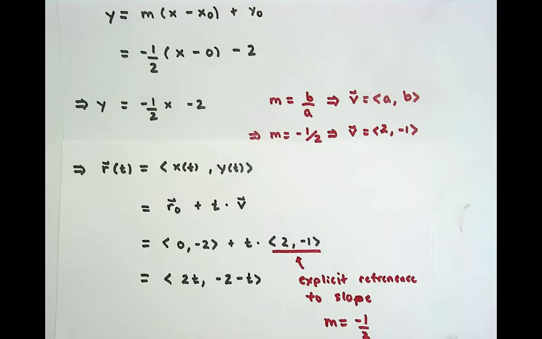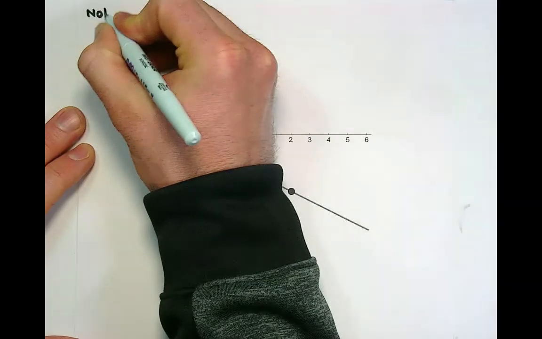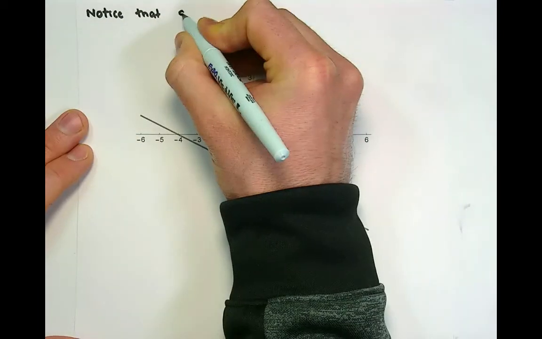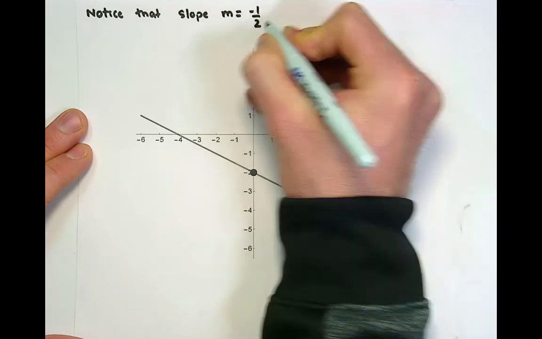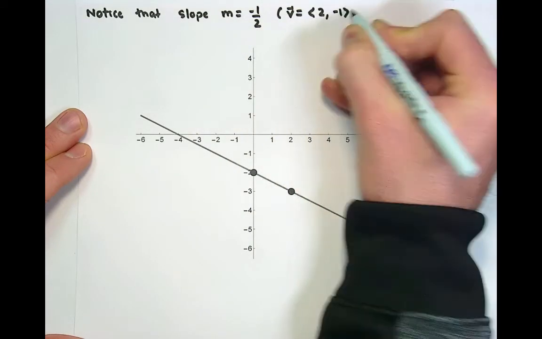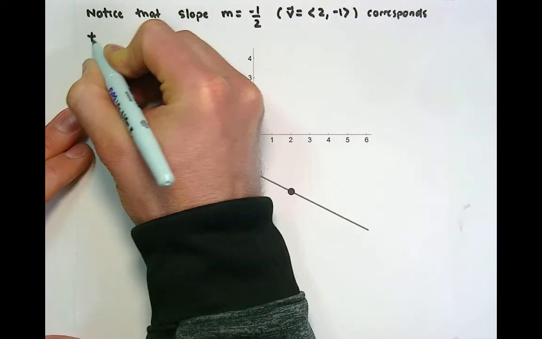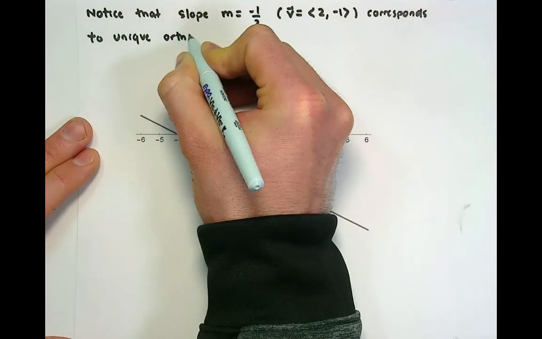As we spoke about in the last video, it's also possible to encode curves implicitly. So in order to do so, I want to notice that the slope m equal negative 1/2, which was the direction vector (2, negative 1), corresponds to a unique orthogonal direction.